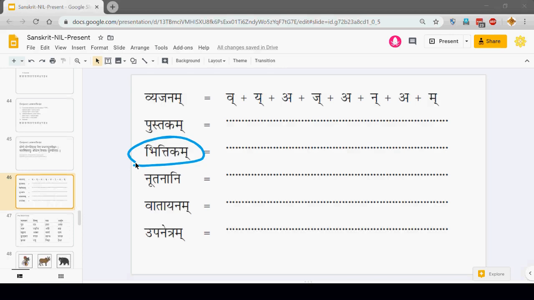Bhittikam. Yeah, Bhittikam. Bhittikam is a wall. Okay, next one. Nutanani.